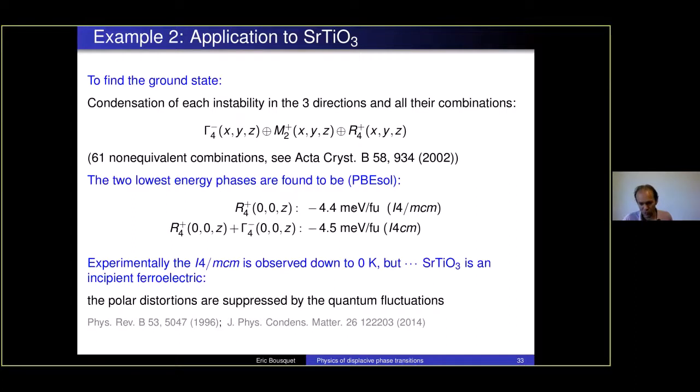And you find that the ground state corresponds to the experimental ground state I4/mcm, given that strontium titanate is a quantum paraelectric or incipient ferroelectric, in the sense that DFT predicts it to be ferroelectric, but the quantum fluctuations, if you add them properly, are going to kill the polar distortion. But from DFT, that is what you observe.